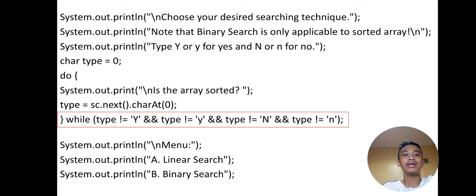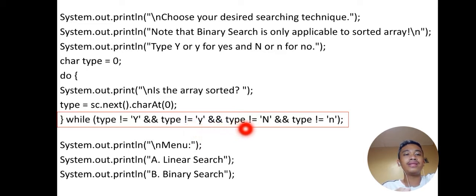Now it will check the while condition. Remember that the value of type is the letter M. So it will check M is not equal to big Y. It is true. And M is not equal to small y. It is true.